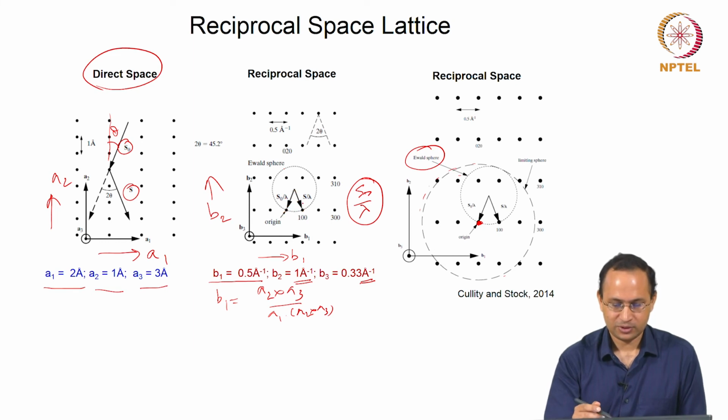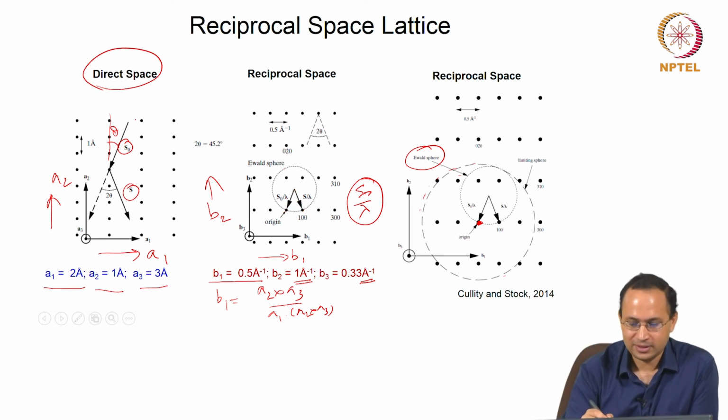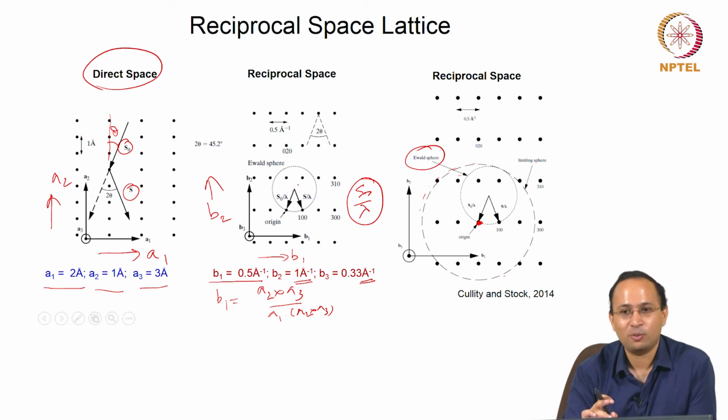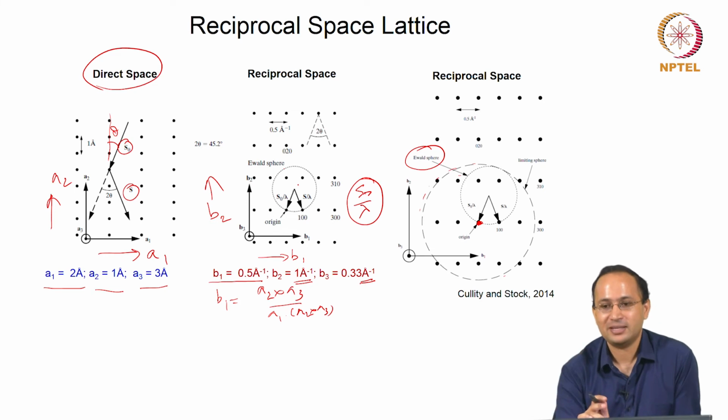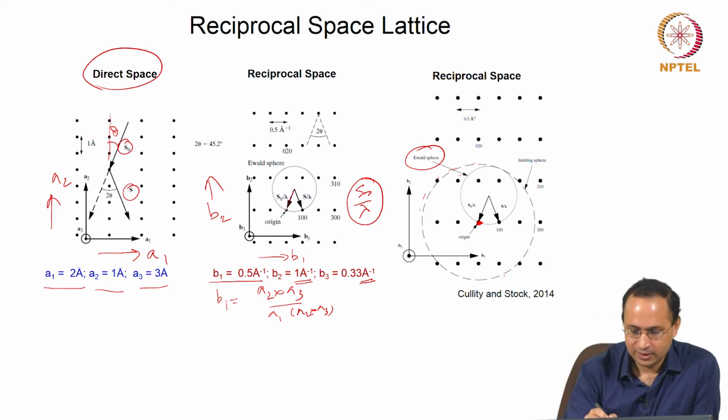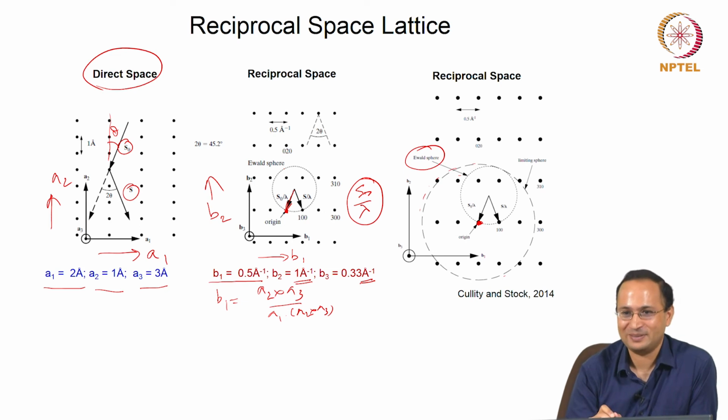So, you start parallel to this, and then the length, we are talking about the reciprocal space. So, the length will be S0 by lambda, okay. Where this meets, this is your origin in reciprocal space, right.